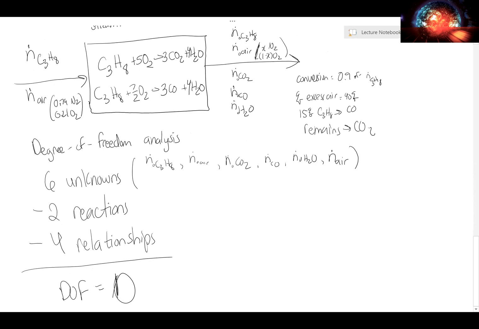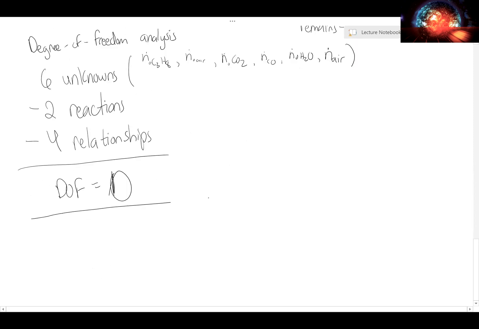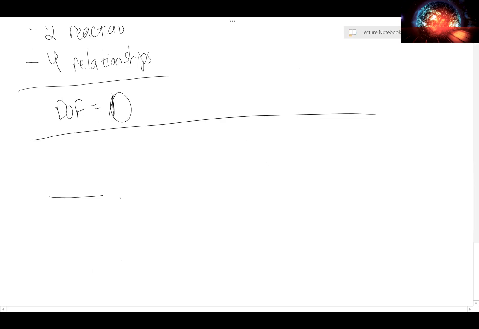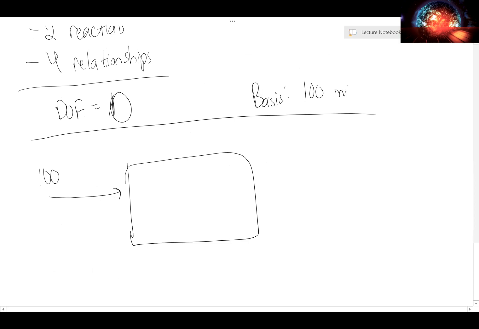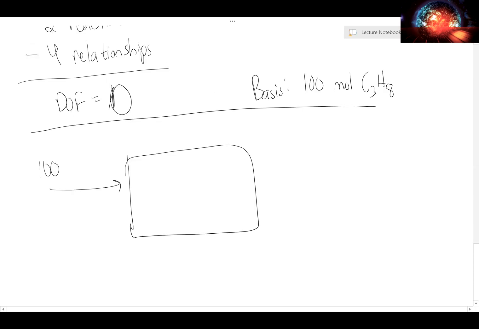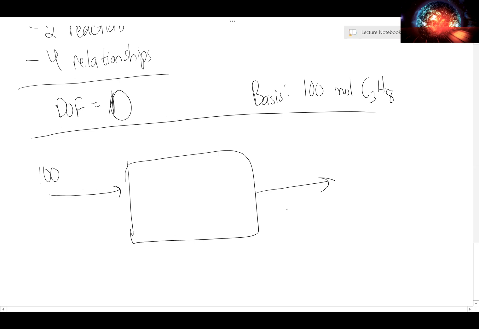So let's take a look and see if that's right. I'm going to redraw this with my basis. I'm going to say my basis is 100 moles propane, and let's see how this changes my problem.